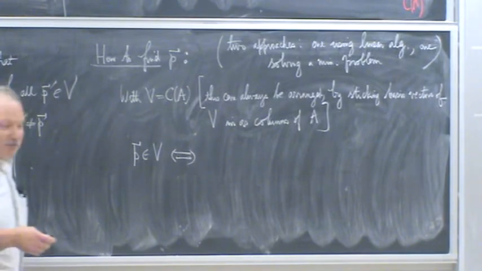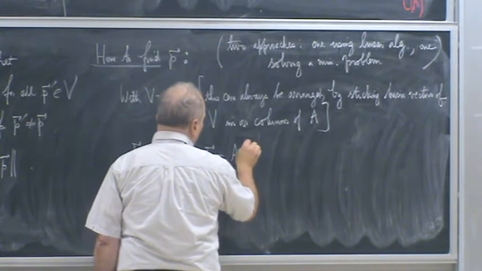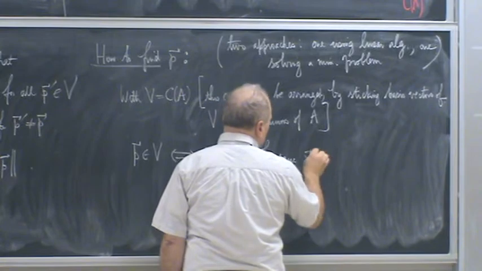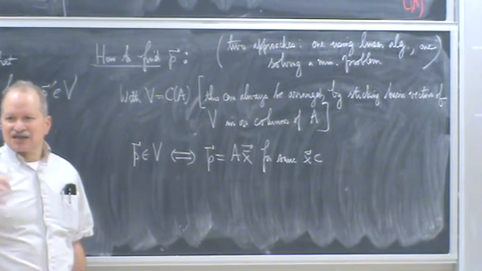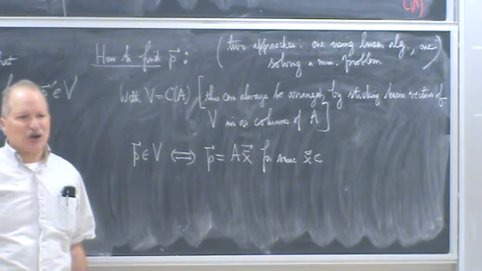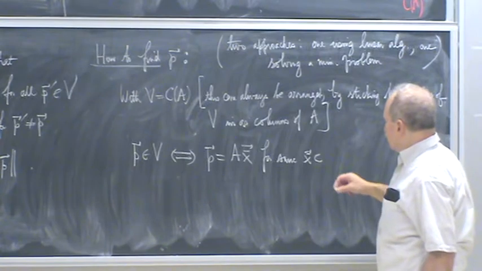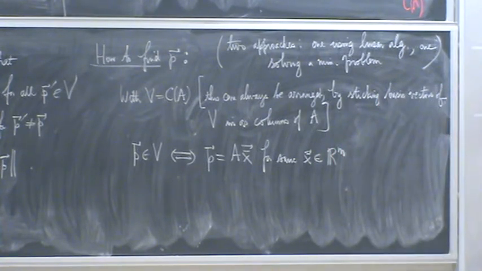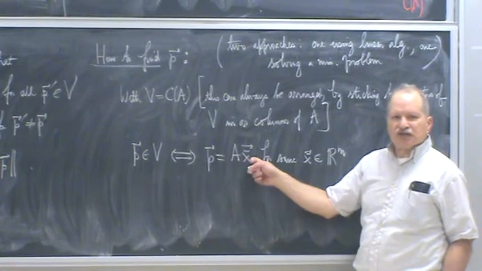P equals AX. So P is A times X bar for some X bar. The bar is suggesting statistics notation that it's the least squares solution. That's why I'm using it. It's sort of a pain to write. And that would be in R^m. Right? So if a vector is in the column space, that means it's of the form matrix times some vector.